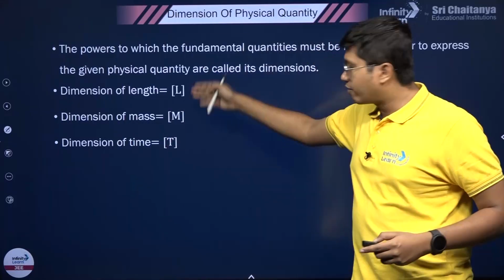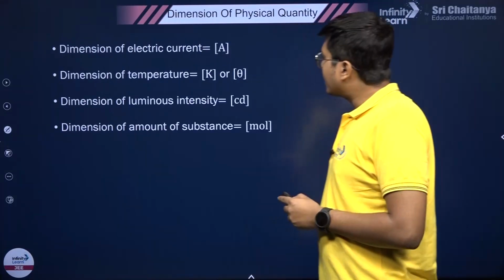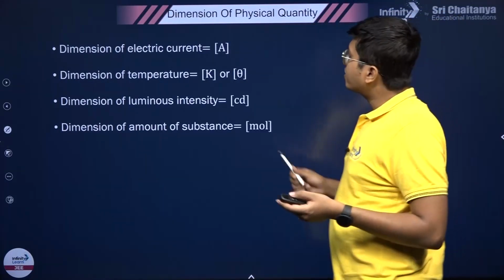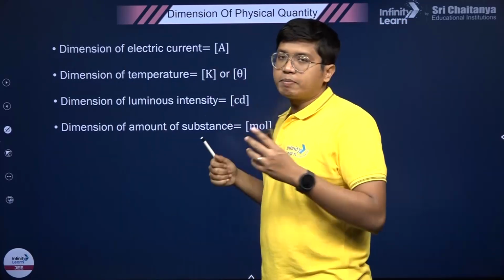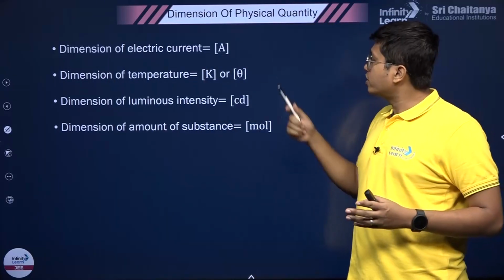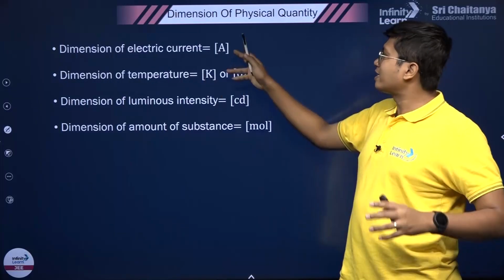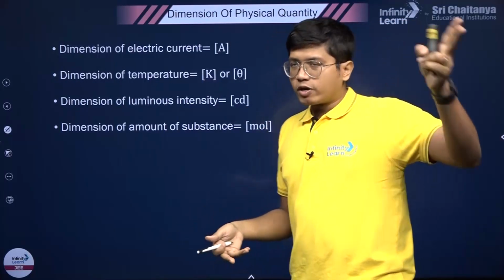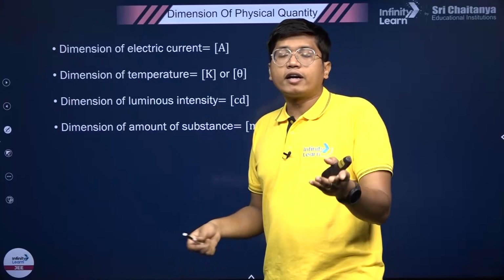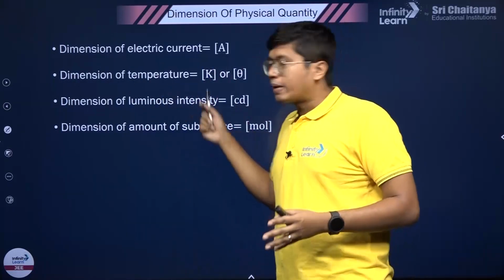Besides these, we have more fundamental quantities. We have electric current, which dimensionally is given by A. Temperature is dimensionally given by K or theta, and these go more with their units. For example, the SI unit of current is ampere, and the SI unit of temperature is Kelvin.